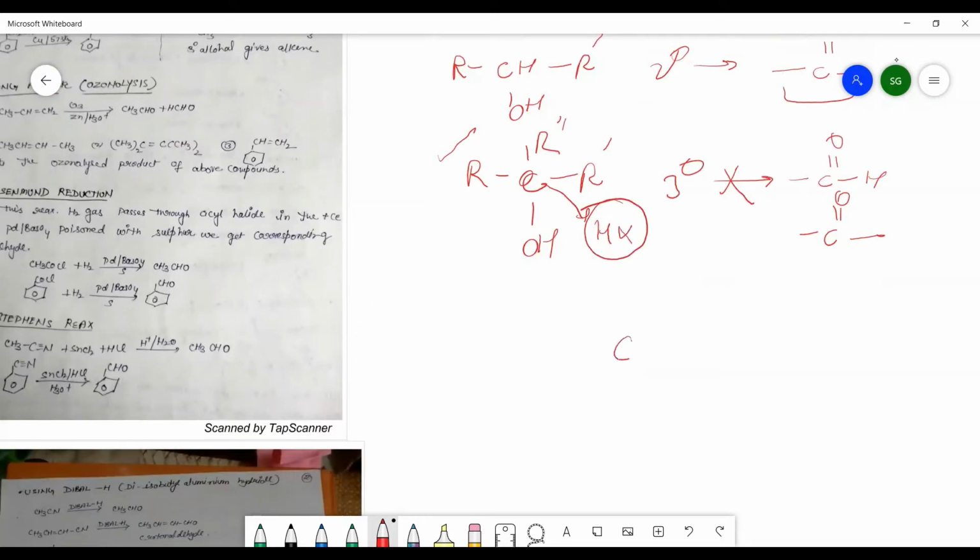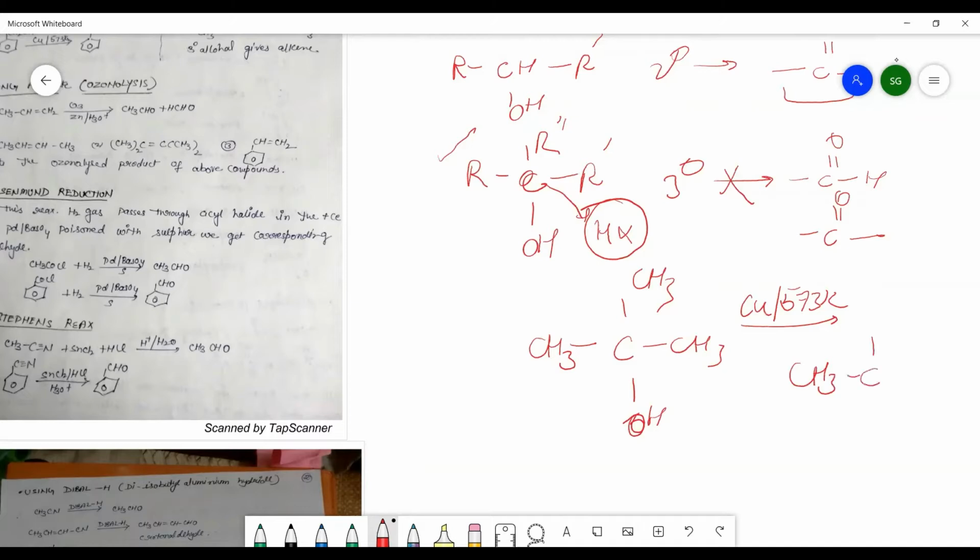So here, what will happen? Suppose you are taking tertiary butyl alcohol, and when we do the oxidation of this tertiary butyl alcohol, an elimination reaction takes place and you will get alkene as a major product. Suppose you are doing this reaction in presence of copper at 573 Kelvin, there is a formation of isobutene in this particular case.